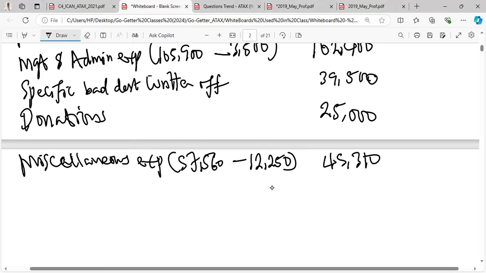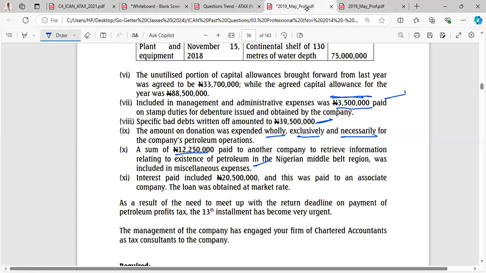Now, when we've done that, interest paid included 20,500, and this was paid to an associate company. The loan was obtained at market rate. So if the loan is obtained at market rate, it means that the interest here, this 20,250, is allowable, even though it is paid to an associate company.